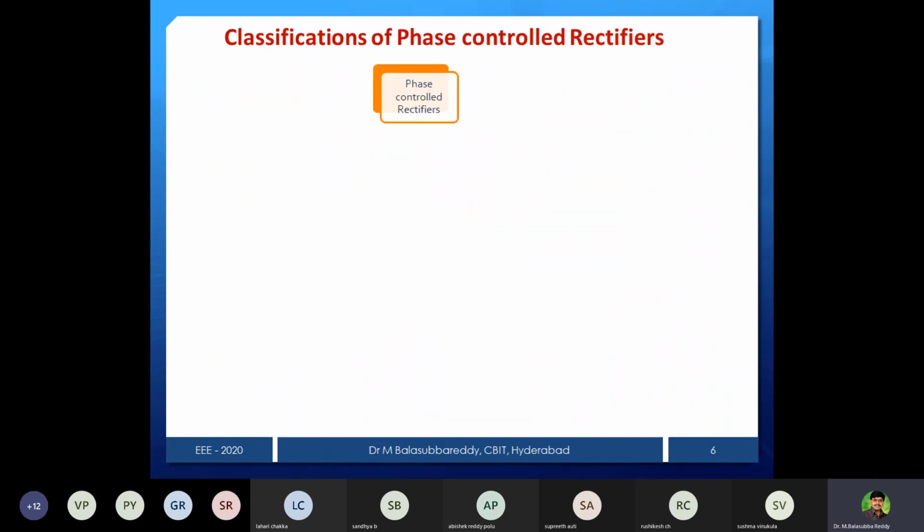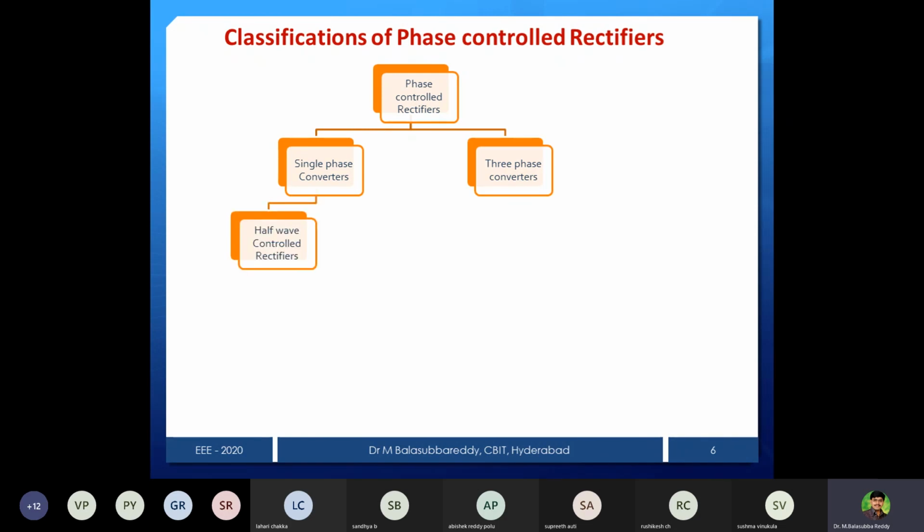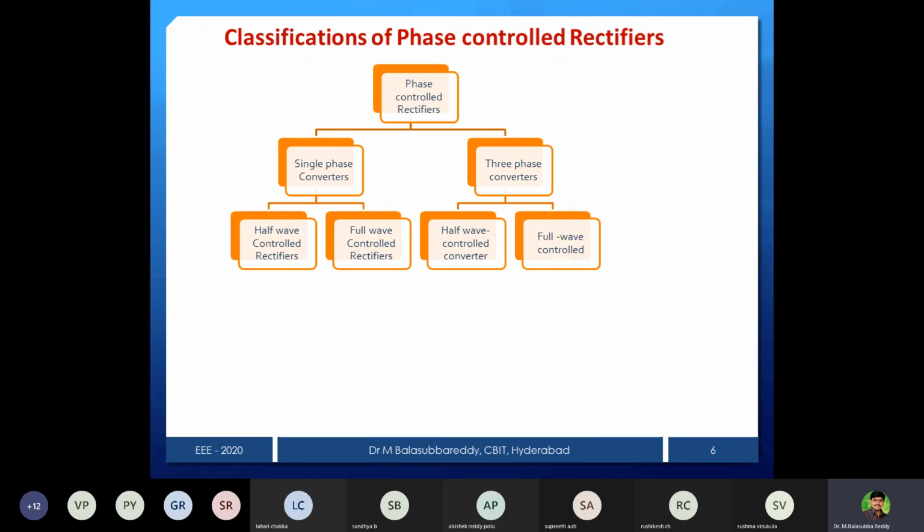As you are aware, phase control rectifiers are broadly classified into single phase control rectifiers and three phase control rectifiers. Single phase can again be divided into half wave control rectifier and full wave control rectifier. In a similar fashion, the three phase also has half wave and full wave. But here, in a single phase, half wave means a one pulse converter.